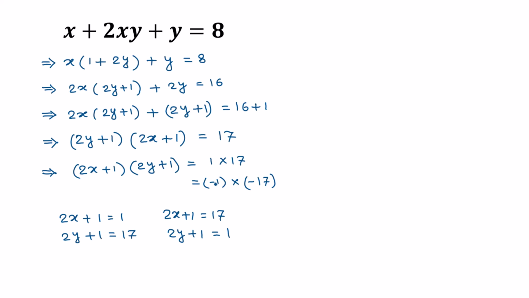And for this case, 2x + 1 is negative 1 and 2y + 1 is negative 17.